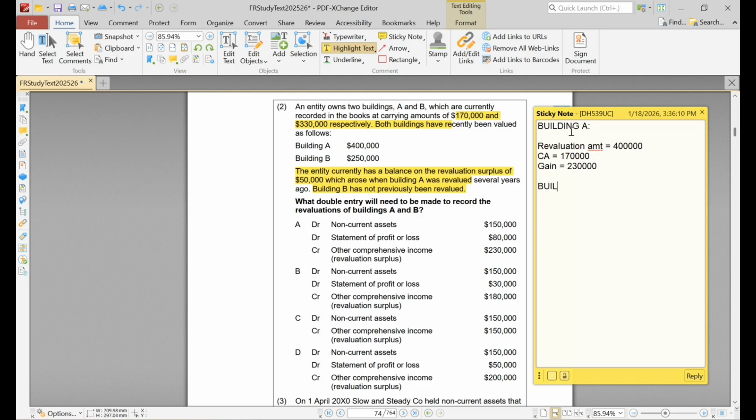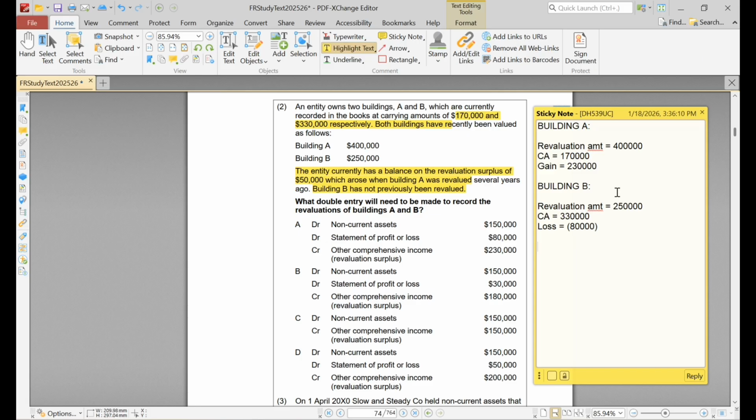Whereas for building B, the revaluation amount is 250,000 and the carrying amount is 330,000. It has been revalued to 250,000, so obviously this is a loss. This is a revaluation loss of 80,000. Now remember that these are both items of PPE.